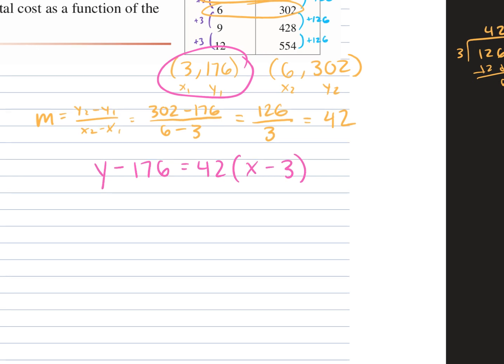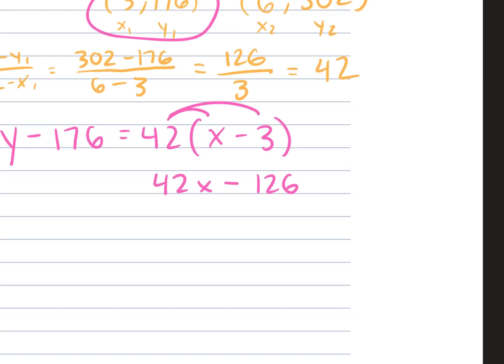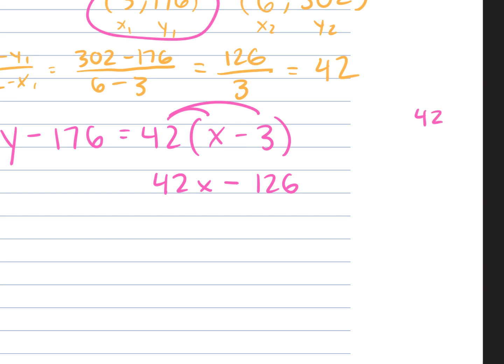All right, the numbers are a little bit bigger here, but we can still handle it. What would I need to do first to put this in slope-intercept form? Distribute. So this would be 42x minus, what's 42 times 3? 126. Awesome. If we don't know that off the top of our head, write it down. 42 times 3. 3 times 2 would be 6. 3 times 4 would be 12.